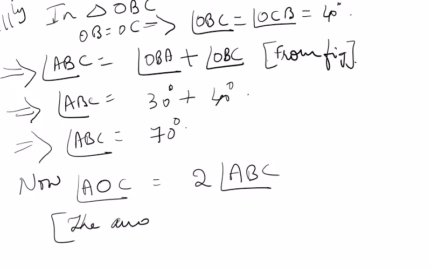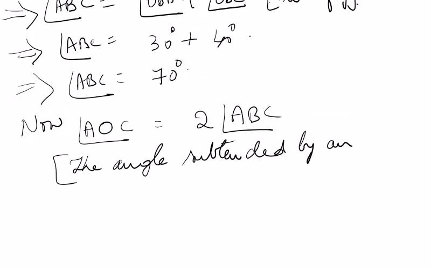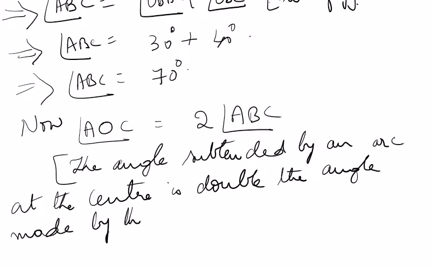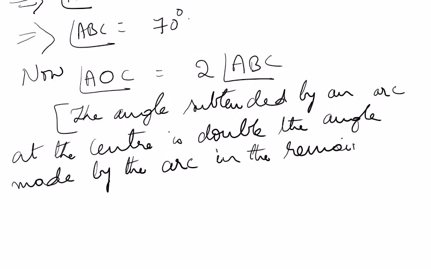The angle subtended by an arc at the center is double the angle made by the arc in the remaining part of the circle.